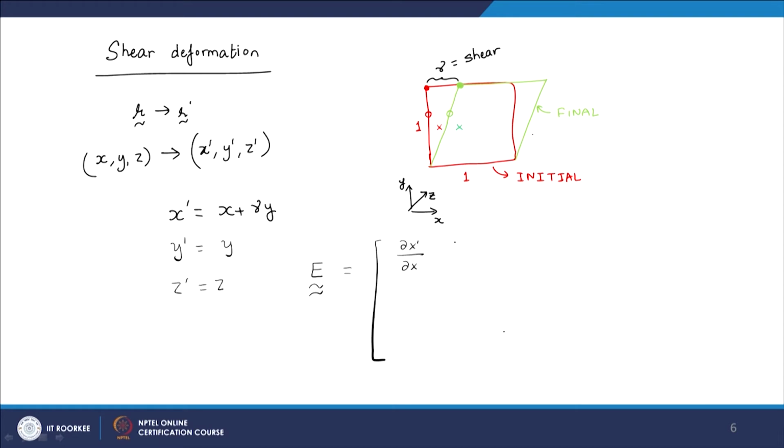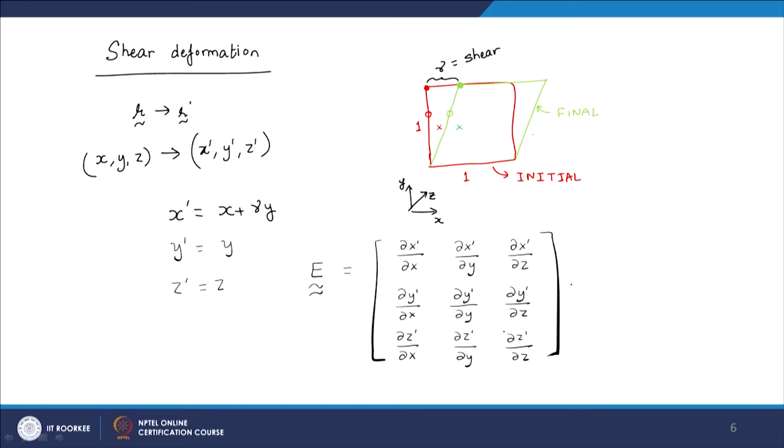dou x prime by dou x, dou x prime by dou y, dou x prime by dou z, dou y prime by dou x, dou y prime by dou y, dou y prime by dou z, dou z prime by dou x, dou z prime by dou y, dou z prime by dou z, and this, using the relations we have here, dou x prime by dou x actually is simply 1, dou x prime by dou y is gamma, dou x prime by dou z is 0.